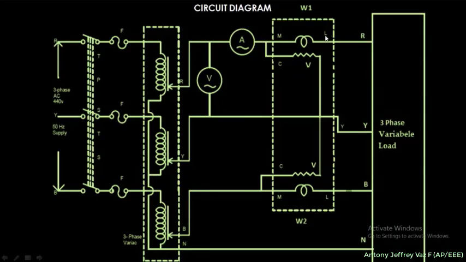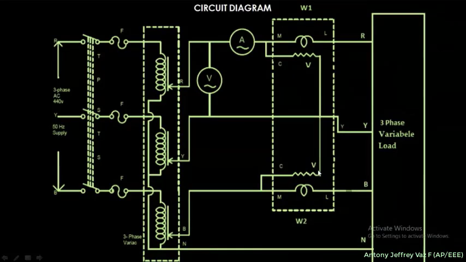The L terminal represents the load, so this end of the wattmeter should be connected to the load directly, and the other end, the V terminal, should be connected to the opposite phase. That is, if the wattmeter is connected to the R phase, then the V terminal should be connected to the Y terminal.